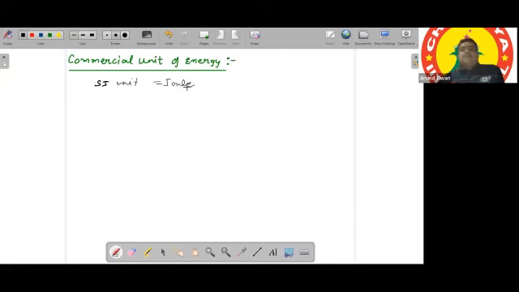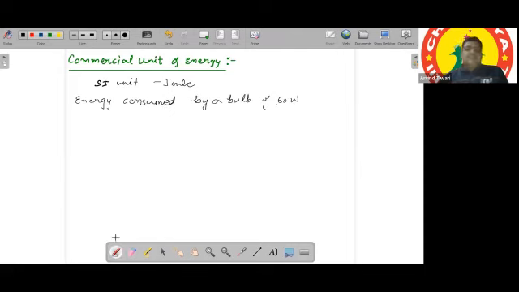Okay. See, joule is the SI unit, and if using this joule we want to calculate the energy consumed by a bulb of 60 watt.